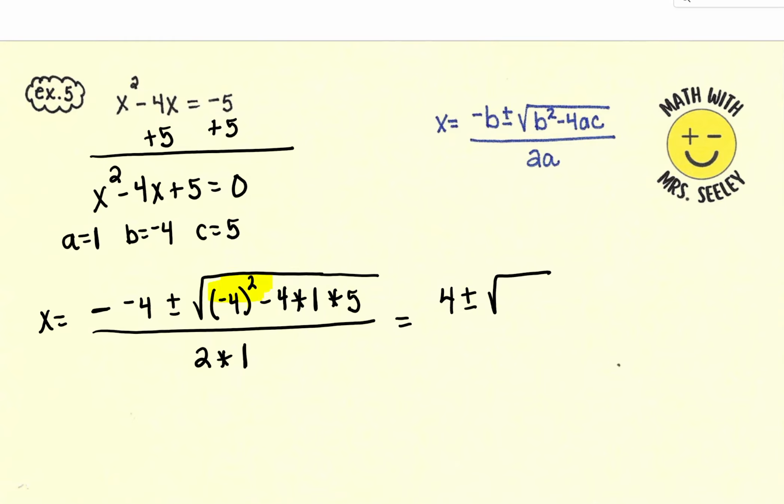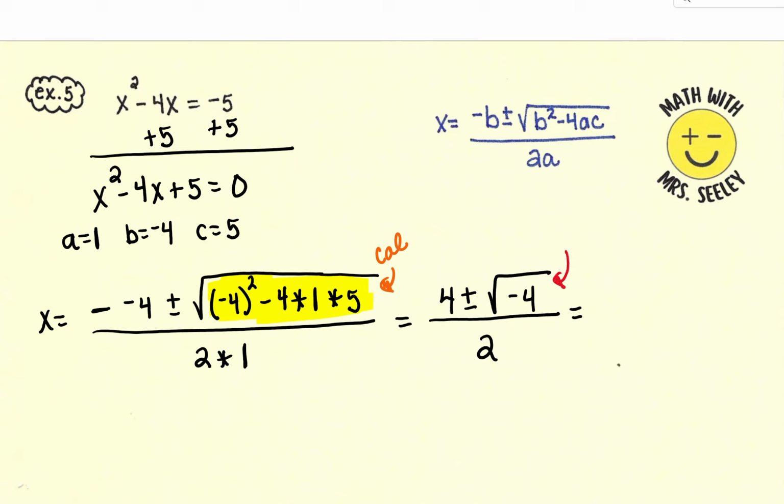Now see who lives at your house. See what the discriminant is. Just go to your calculator and type that in perfectly using your parentheses, and you'll say parentheses negative 4, close the parentheses, squared minus 4 times 1 times 5. And when you do, you get negative 4 all over 2. Okay, this is another scenario where the discriminant is negative.